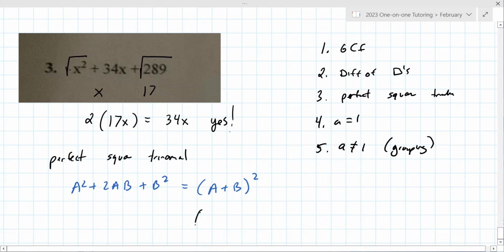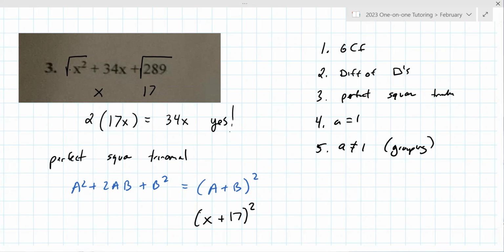So it's x plus 17 squared. It is an a equals 1. You would just have to recognize that it's 17 twice. And then you would maybe wonder, why didn't I recognize that it was a perfect square trinomial?